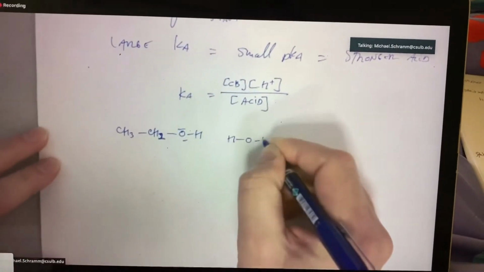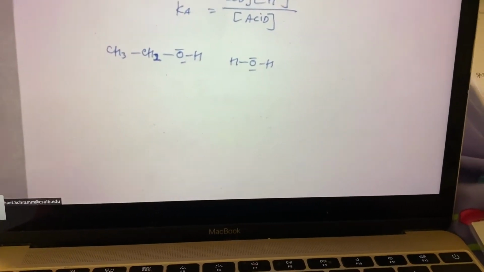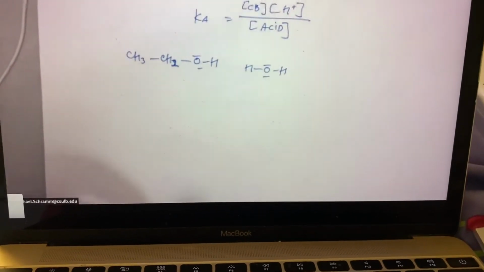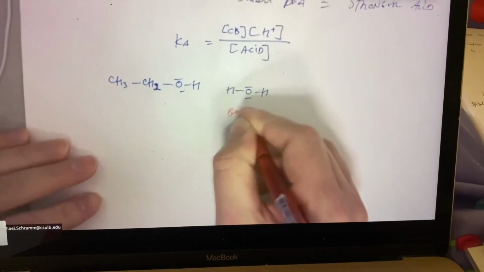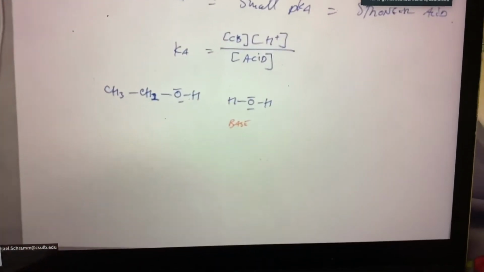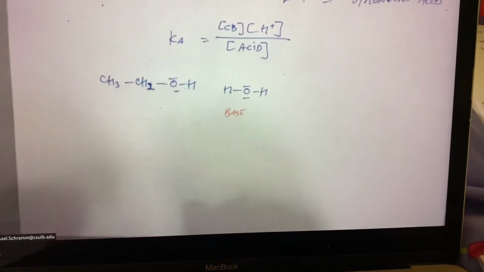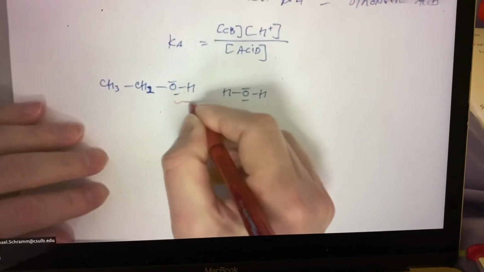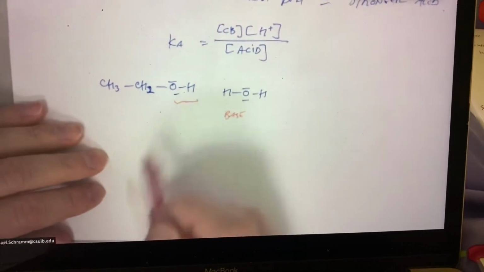We're going to react it with water. And right away, we can tell that these have very, very similar pKa's, but we're simply going to use water as a base in all of these cases to look at what happens and why some compounds are more acidic than others. So the most acidic proton we have in the ethanol molecule is the OH bond, or the OH proton.